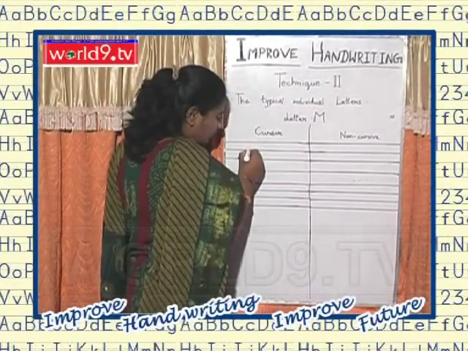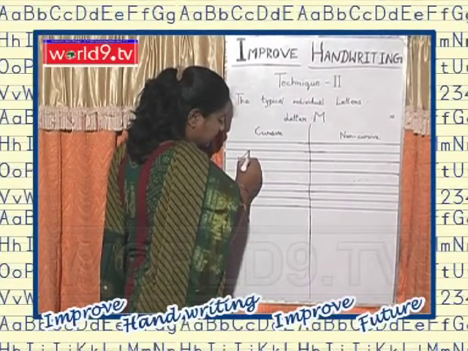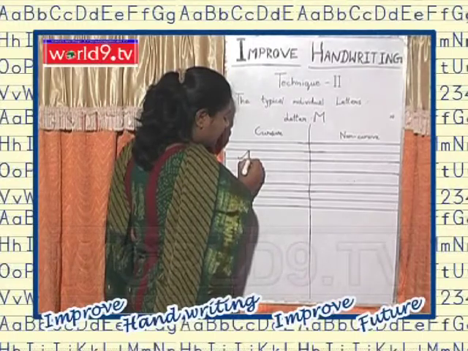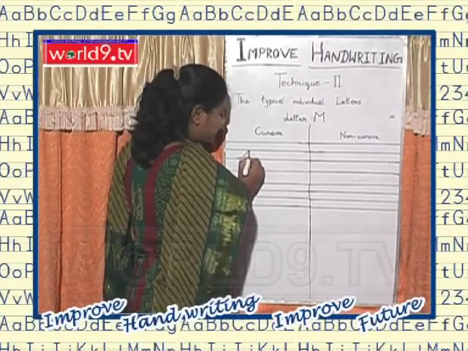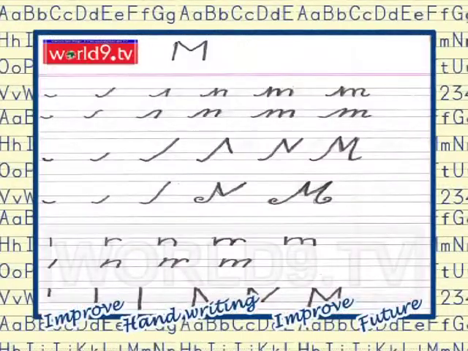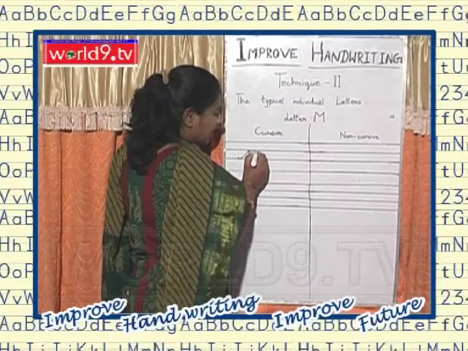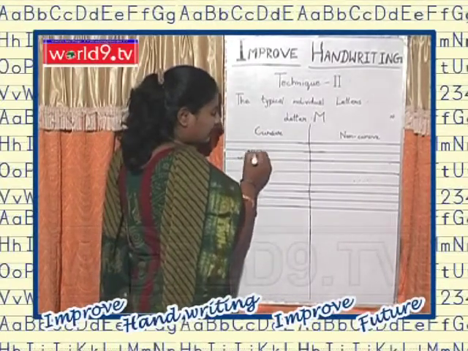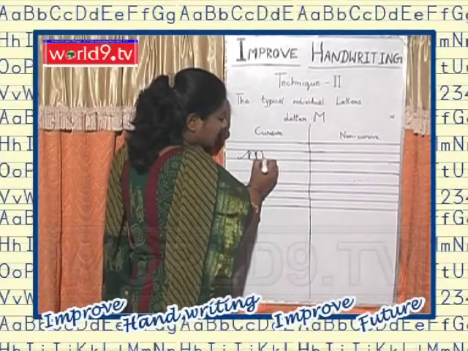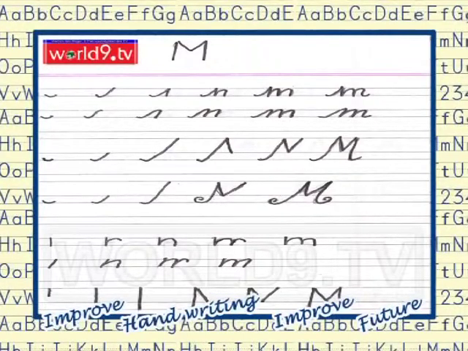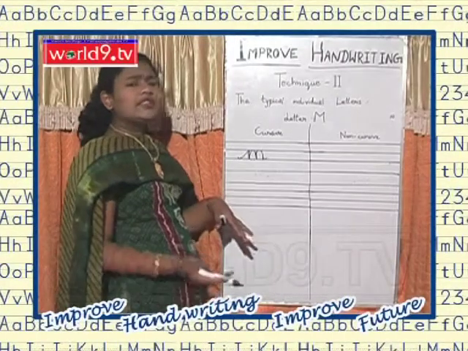From the middle part upper line to the baseline you draw a simple straight line, and from where the straight line ends on the baseline, you draw upwards an N-like, arch-like structure. Where the arch ends on the baseline, joining from there, you draw another arch, a curved shape structure, and at the ending point we should give a small tail-like structure. And this is M in small cursive letter.